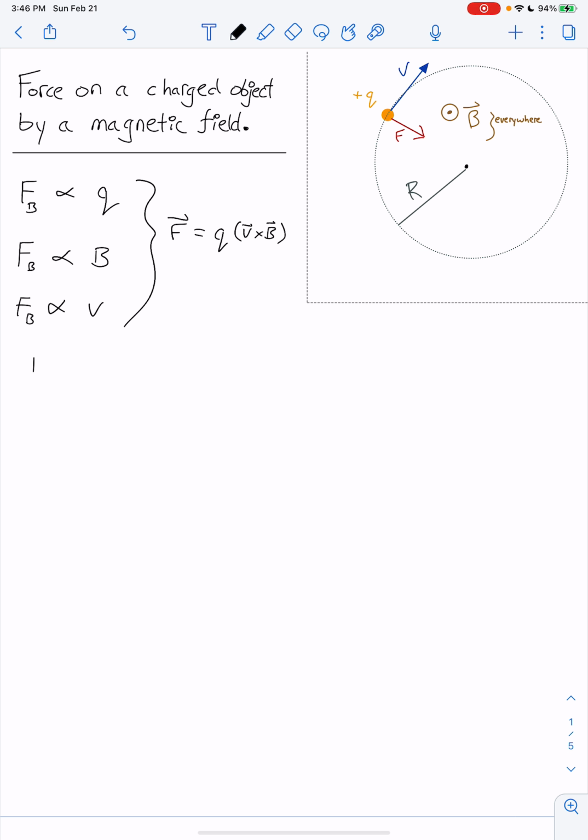So this force, which is caused by the magnetic field on the charged object, cannot change the charged object's speed.